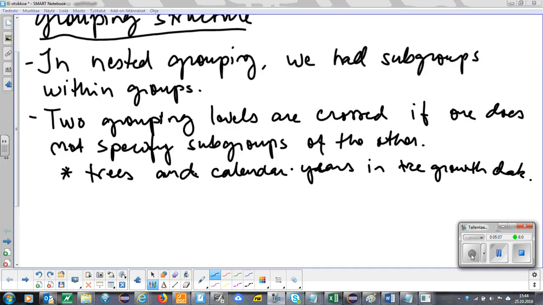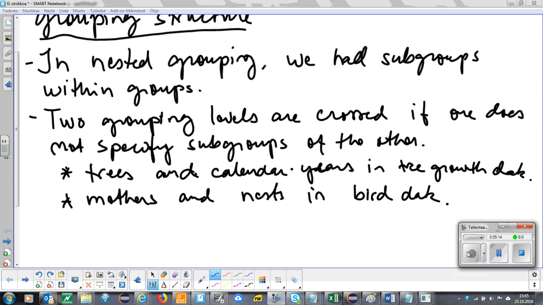So this is one example. We have trees and calendar years in tree growth data. And then mothers and nests in the bird data. Sometimes ecologists do experiments where they move the eggs from some bird nests to others, so that the mother that raises the small bird is not the genetical mother of the bird.